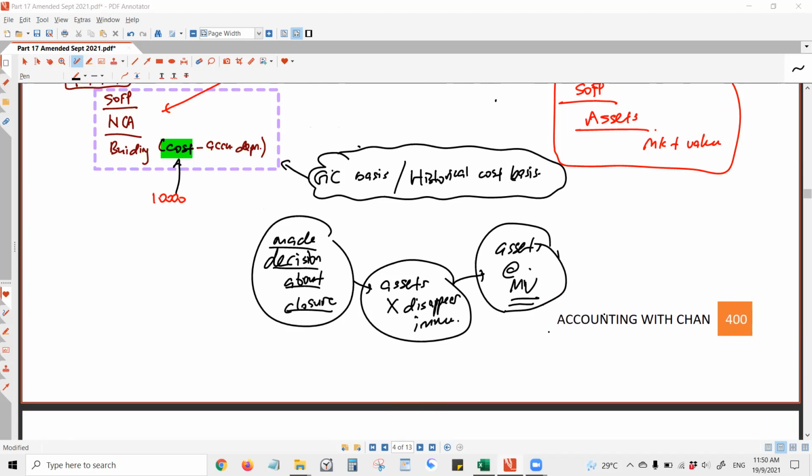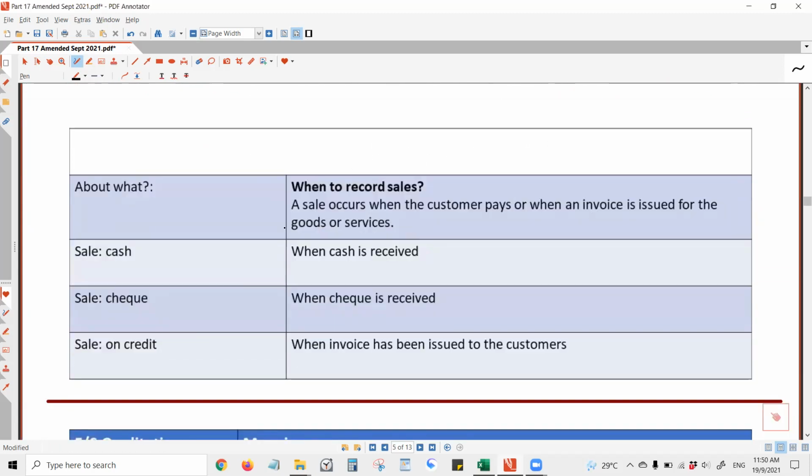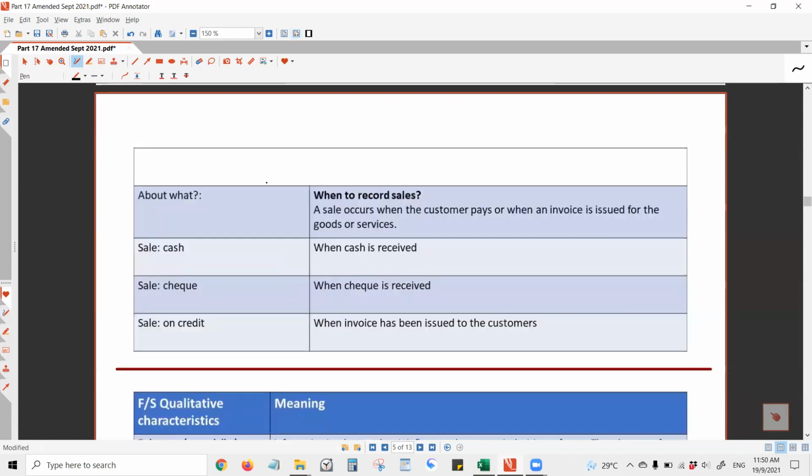It's not weird. That's something that you will do in the future. You will change all the values of the assets in your SOFP when you wish to close down your business. Nothing wrong about it. When you wish to sell off your business, you will present all your assets at the market value. You will change all the amounts.